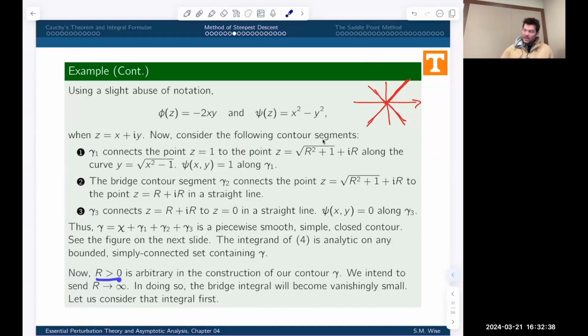This R is going to be arbitrary, but then eventually we're going to send this positive value of R off to infinity. And we'll see why we want to do that. We'll do that primarily for 2 or 3 reasons, but the main one is that this bridge integral across that part becomes vanishingly small as R gets larger and larger.